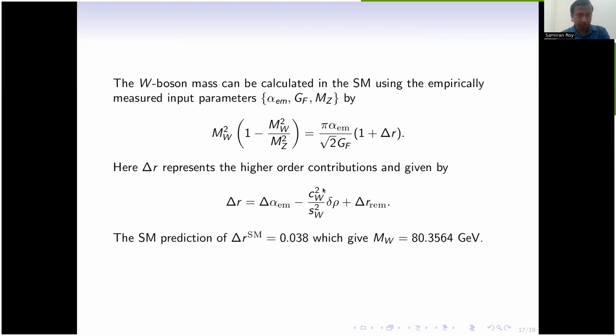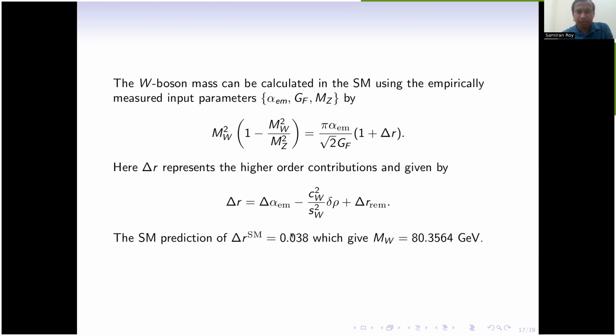We can calculate the W boson mass using this formula. At the tree level, this delta is 0, and we get this MW. But when you consider the higher order corrections, this delta is not equal to 0, and this delta has fractions coming from the QED corrections, the rho parameter correction, and this term. This is the remainder part coming from the box diagrams and vertex diagrams.